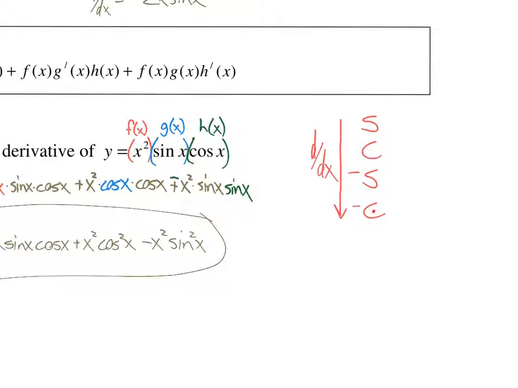The derivative of negative cosine takes us back up to sine, and it's kind of cyclical that way. This will be helpful especially later when we do integrals, because the integrals go the other way. Okay? We'll look at that when we get there.